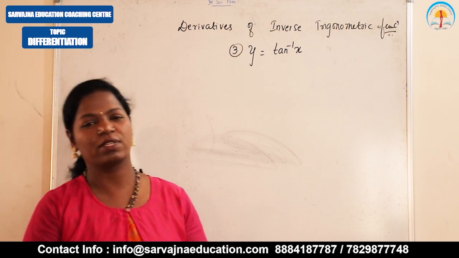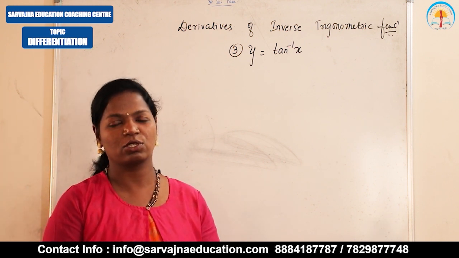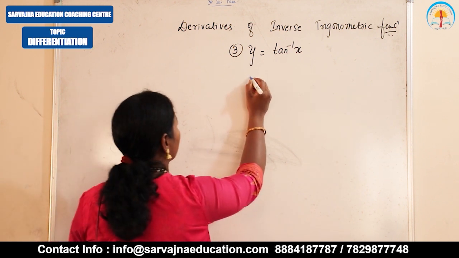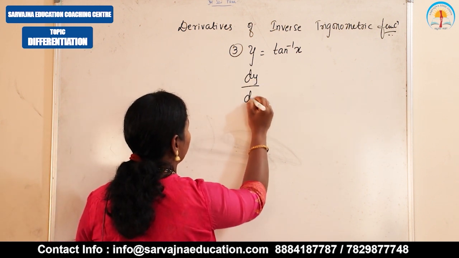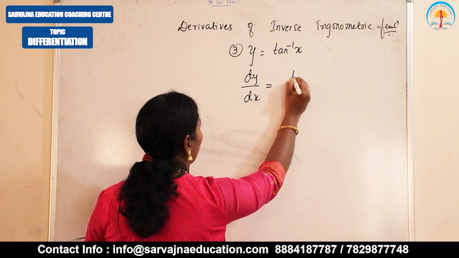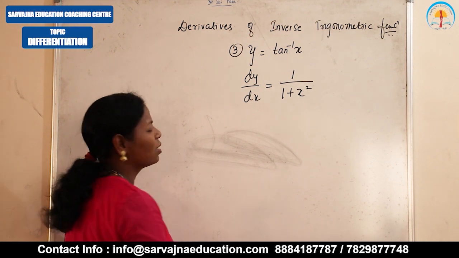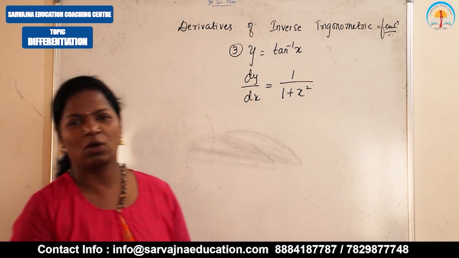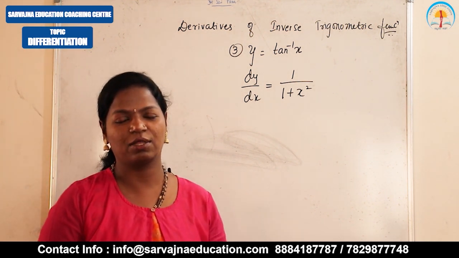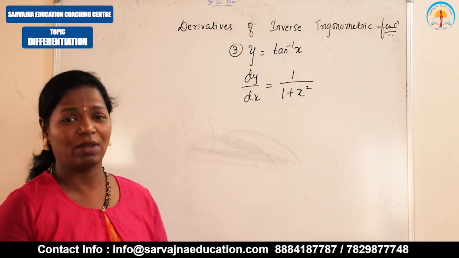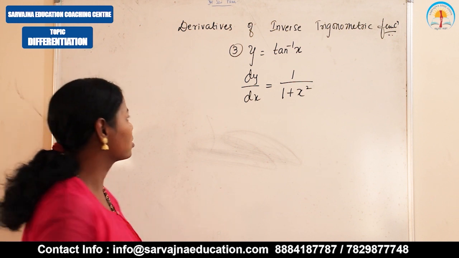But presently, for differentiation of inverse trigonometric functions, you have a direct formula, so you just have to use that. dy by dx, differentiation of this, is 1 by 1 plus x square. It's so easy, but you have to remember all these formulas. If you forget the formulas, you will face problems in examinations.